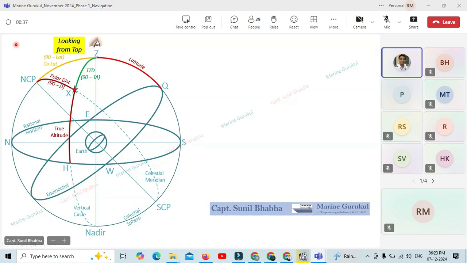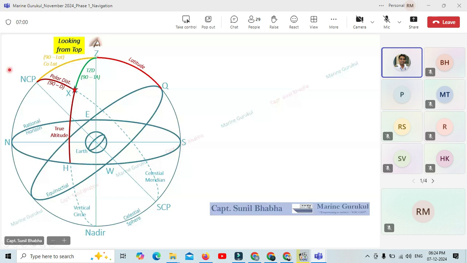Now this diagram which you see on the screen right now is exactly the same diagram picked up from the last slide. All the things which are mentioned here we have already discussed. You see this PZX triangle here. It is the same PZX triangle. PZ side is the colatitude, 90 minus latitude.